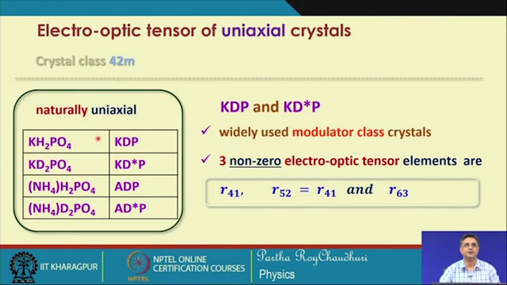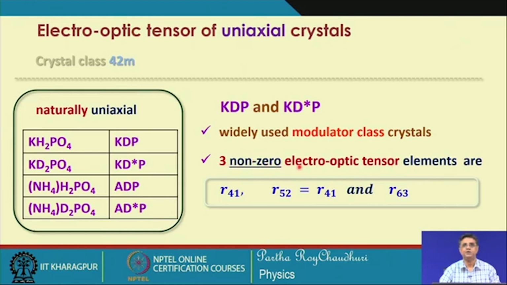The properties are like this: they are naturally uniaxial. KDP, potassium dihydrogen phosphate, then ammonium dihydrogen phosphate. These are very important crystals, and these crystals are very often used as a modulator class crystal. A lot of commercially available devices made out of these crystals are already existing in the market.